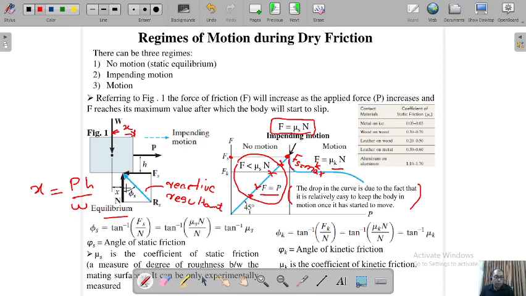This is the normal reaction, and this is Fs, the frictional force, and this reactive resultant will be making an angle phi s with the normal reaction.